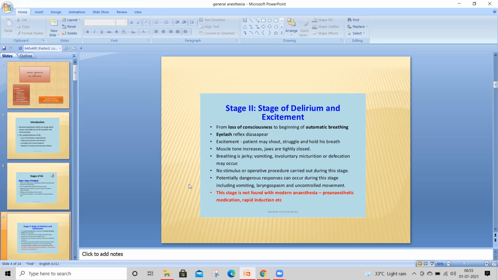But in the second stage you have to remember one thing. This point you have to remember: no stimulus or operative procedure is carried out during this stage. And in this stage some side effects or complications may be there, like vomiting, defecation, micturition, some problem is there.